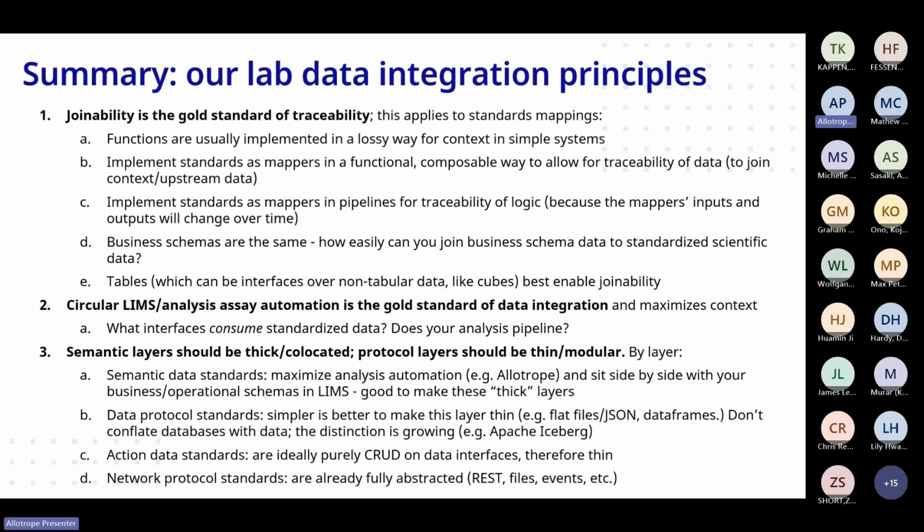They don't know naturally to have the data in a standardized format. We really try in our system to make sure that we have lots of things that consume the standardized data. That's another reason that we do this full circular integration, is to try and have things that consume the standardized data, because that consumption, that pull model, rather than pushing from the instrument and saying, let's get all the instrument data standardized, having something that says, if you have data in this standard, you can automate your assays in this sense.